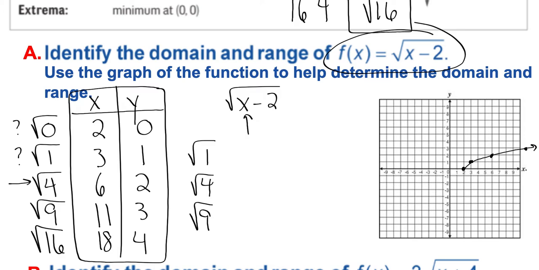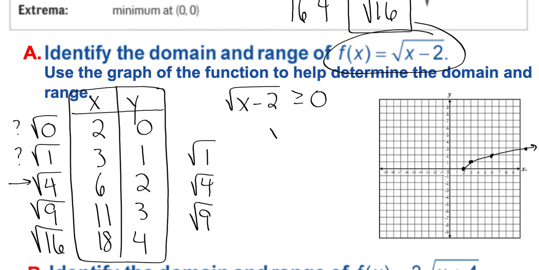Okay. So I want to highlight this part right here again, because remember, we need to plug in things to that function to keep it positive. So if you wanted to, you could start by setting that greater than or equal to 0. What numbers would I plug in there that would keep me greater than or equal to 0?